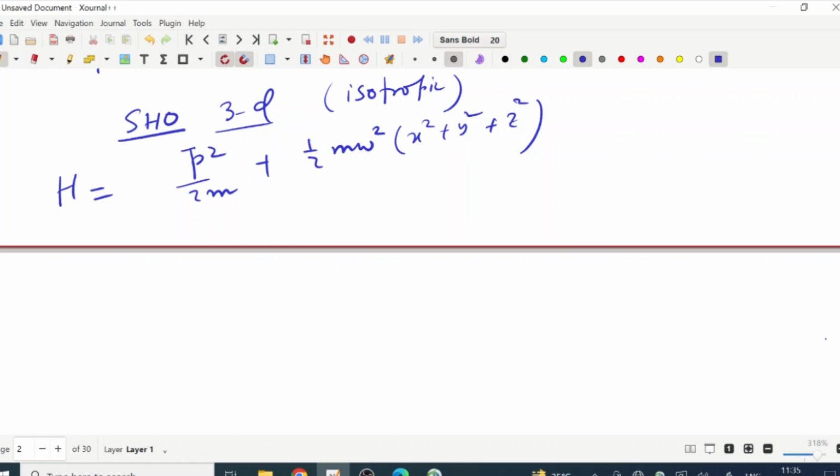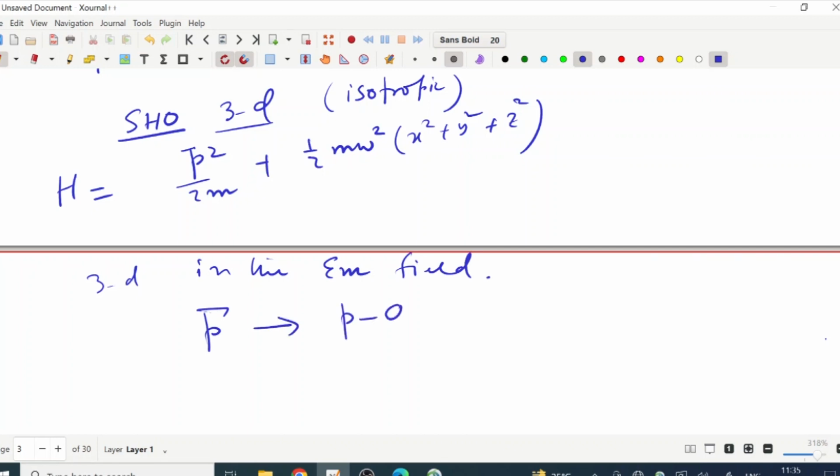If we consider this 3D oscillator in the electromagnetic field, then accordingly your P will be replaced by P minus Q by C A, and you have to add the electrostatic potential Q phi.